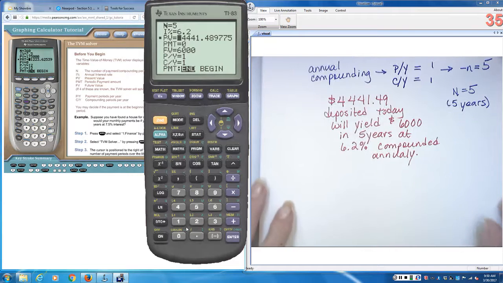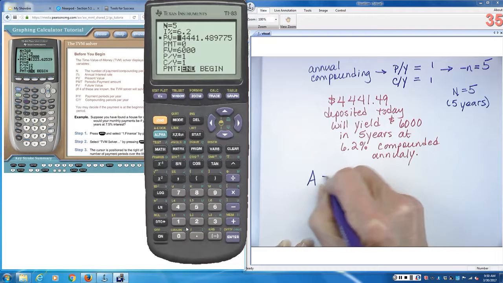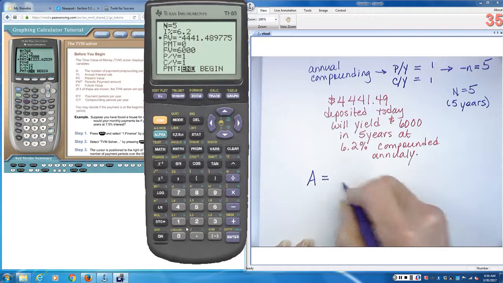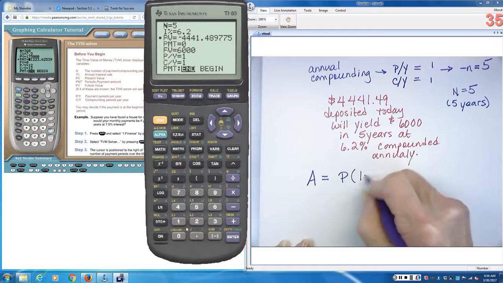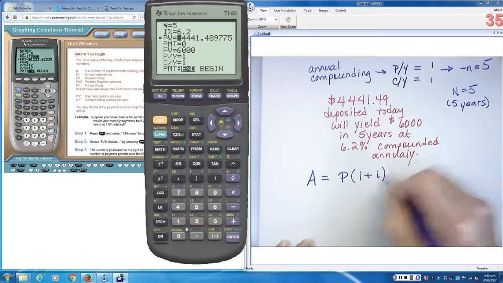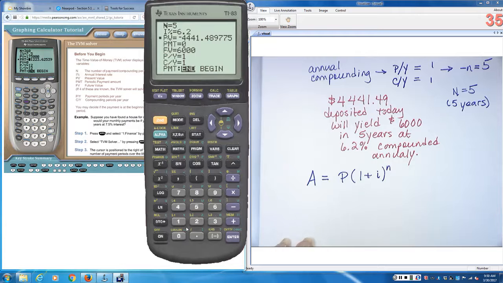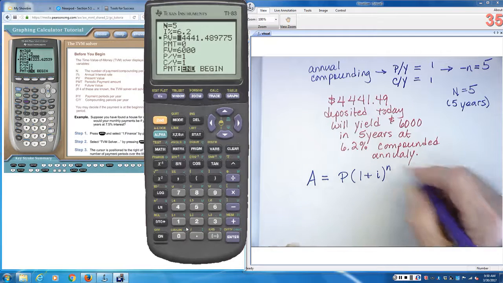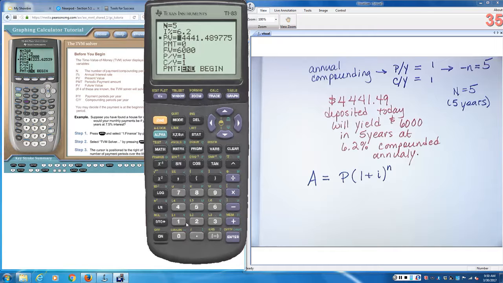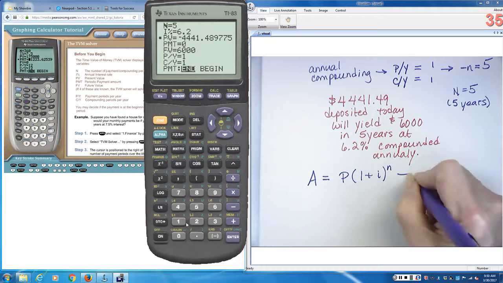Your formula, A equals P times 1 plus the interest rate to the n power. And you want to solve it for the present value. You don't even have to have that other formula. You can plug right in here and do some algebra.